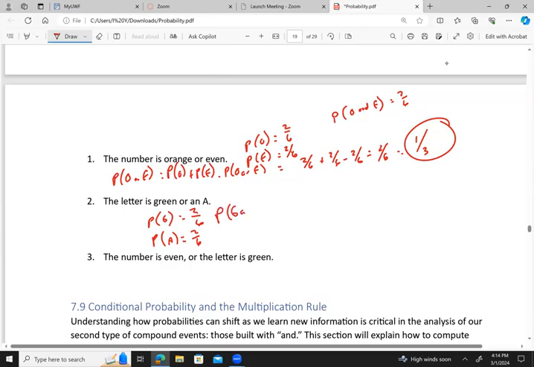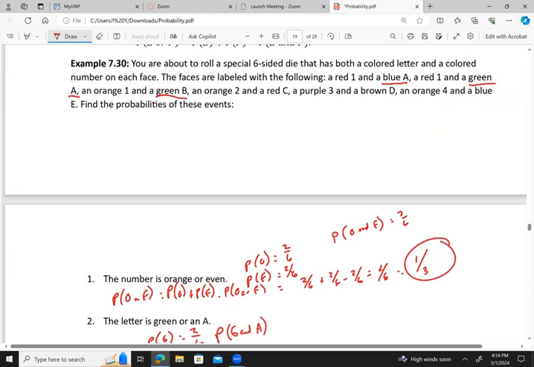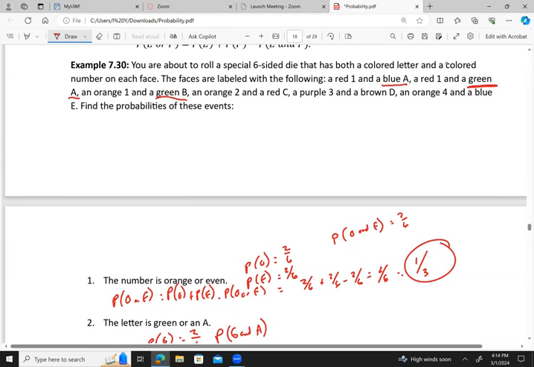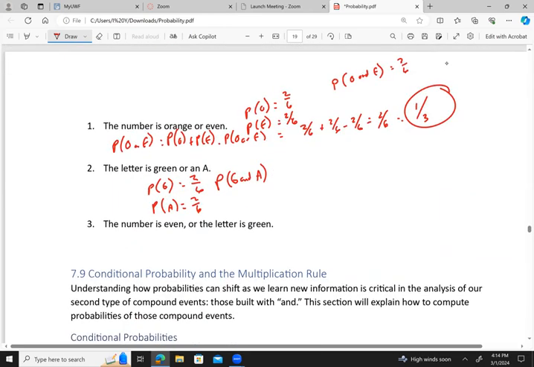Probability of a green and A, well, we have this one here, equals 1 out of 6. So now I'm looking at 2/6 plus 2/6 minus 1/6, which is 3/6 or 1/2.